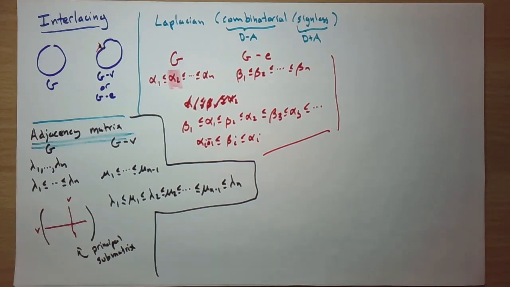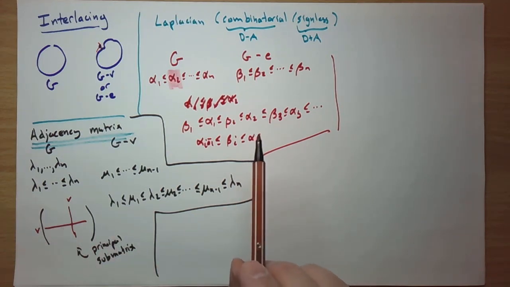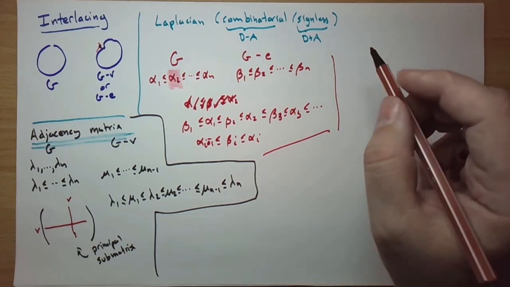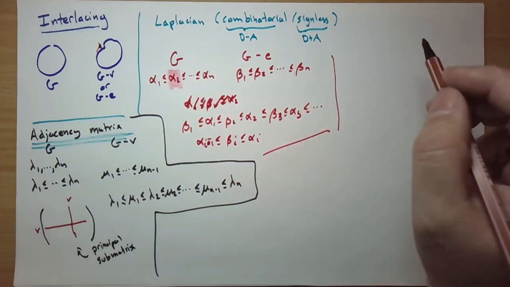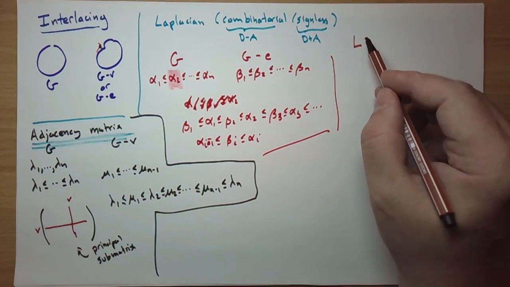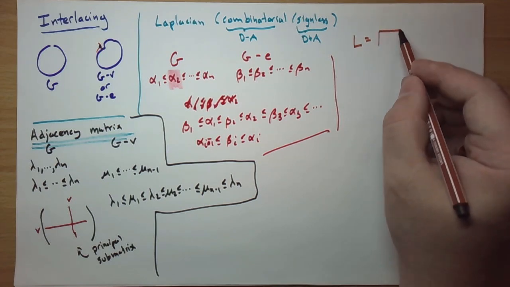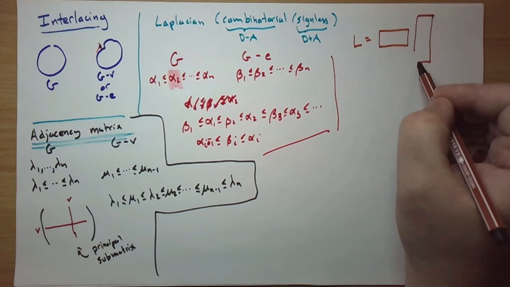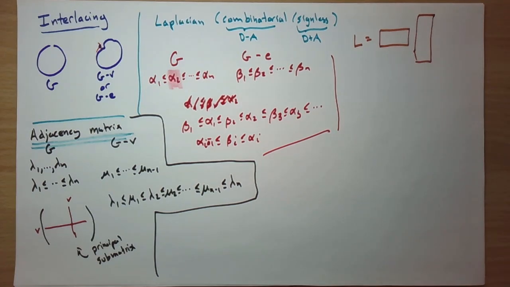Now, why might we do it this way? If you think about what we had before, we had principal submatrices. When we delete an edge, we don't have a principal submatrix. So how might we get from G to G minus e? You can remember that one way we formed L was through signed incidence matrices.